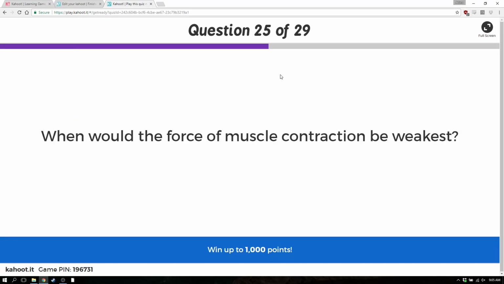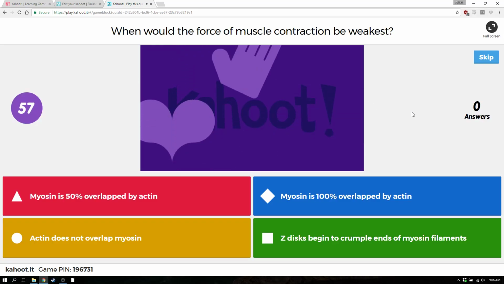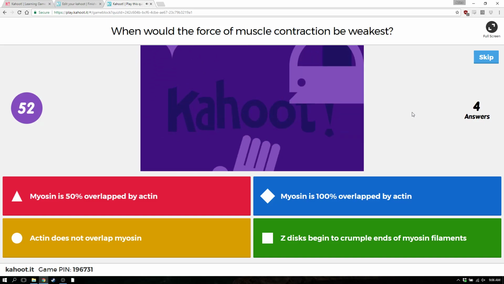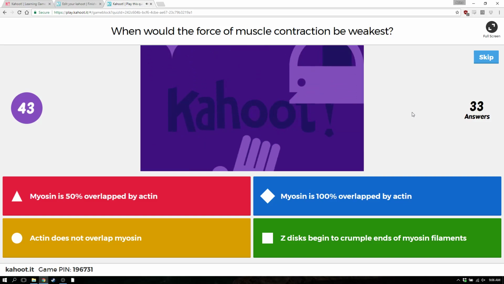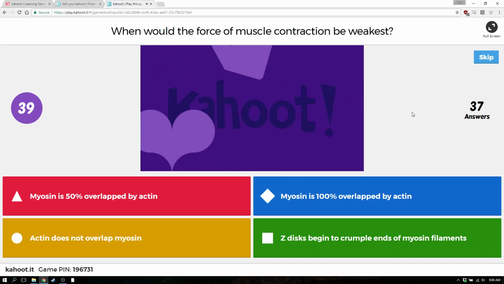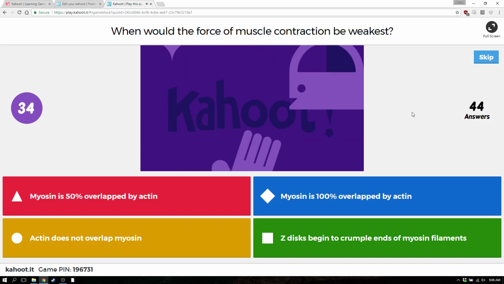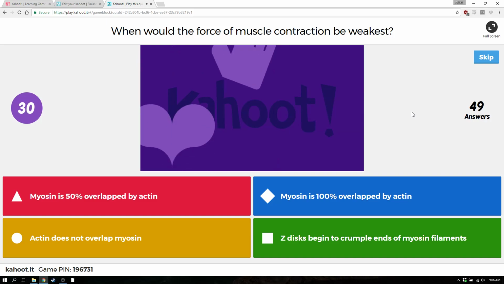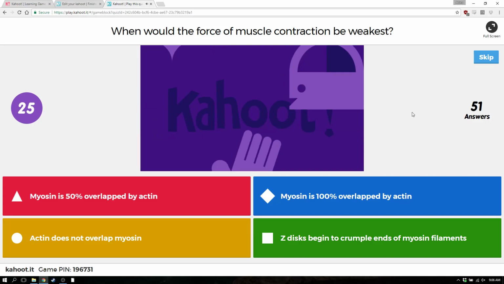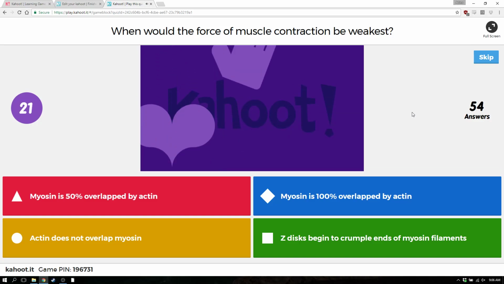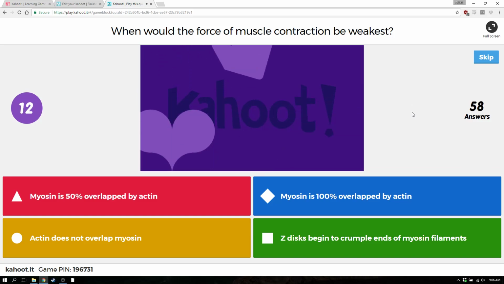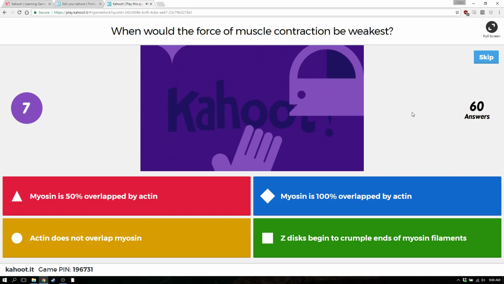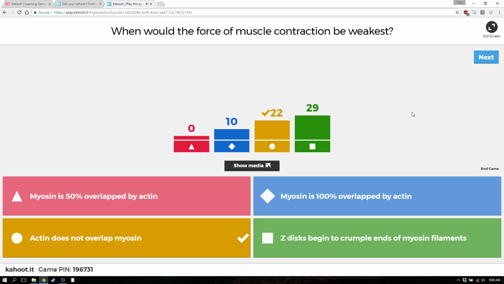All right. When would the force of muscle contraction be weakest? Okay, so keep in mind, when do we see that we had the strongest force of contraction?